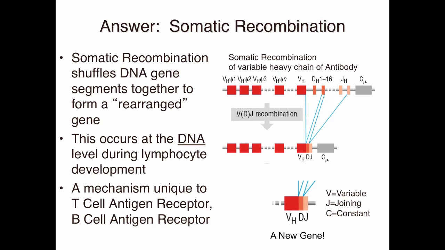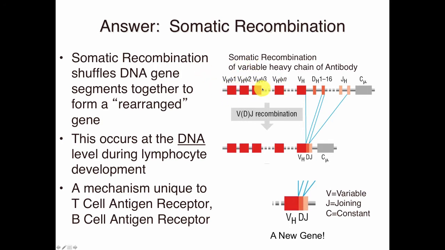And what somatic recombination refers to is a process that occurs during both B and T lymphocyte development, where different mini-gene segments of a very large genetic locus are rearranged together in different combinations that then will encode the antigen receptor specificity of the antigen receptor. So here what you can see is you have different mini-gene segments.